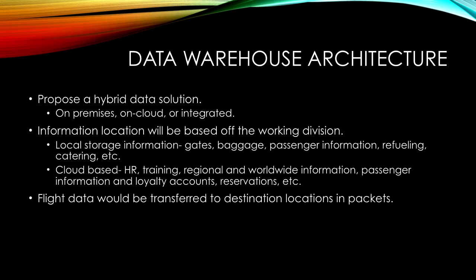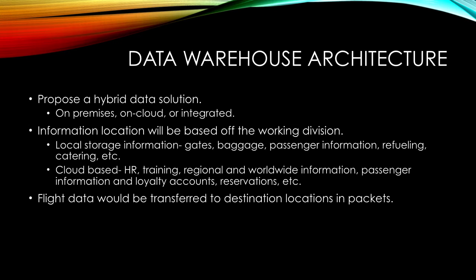The data warehouse architecture that we have chosen is a proposed hybrid data solution. Hybrid means that some information remains on premises, some is in the cloud, or you have integrated. Information location will be based off of working division. What do I mean by working division? Well, you have the ground operations staff, you have HR, you have the passenger, all these different divisions will have different needs.